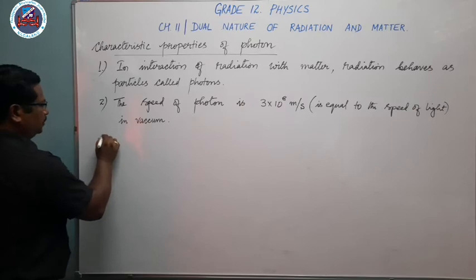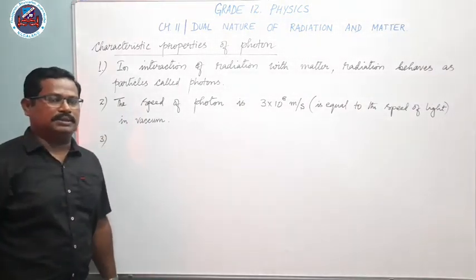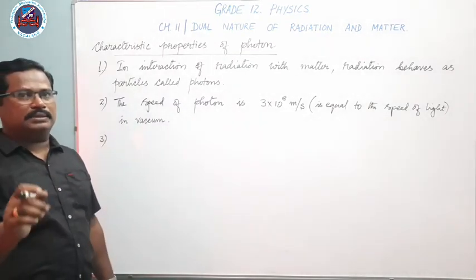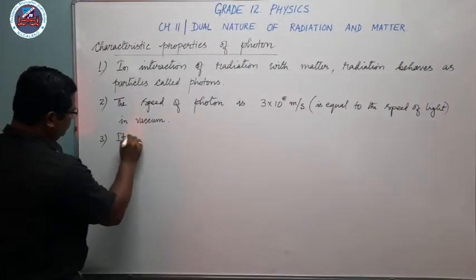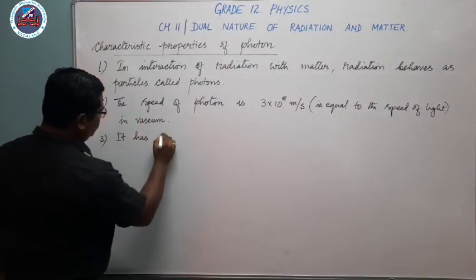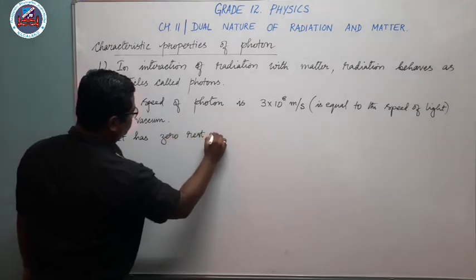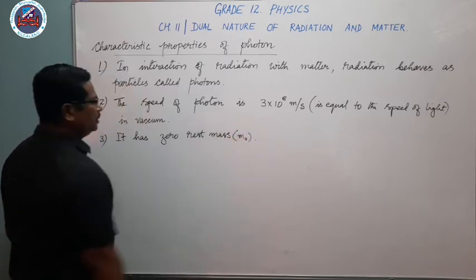Then the third property of photon is that it has zero rest mass. If a photon does not move, if it is at rest, then it does not have any mass. It has zero rest mass. Rest mass we indicate with m0.